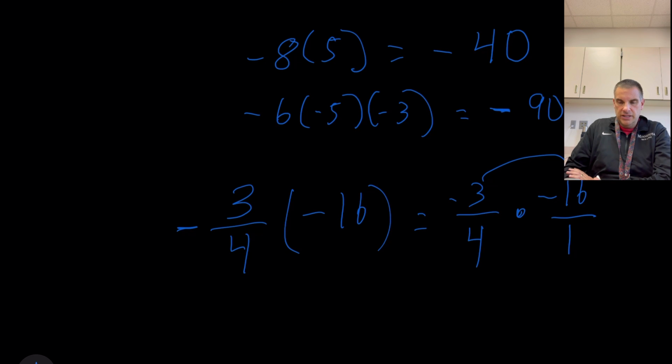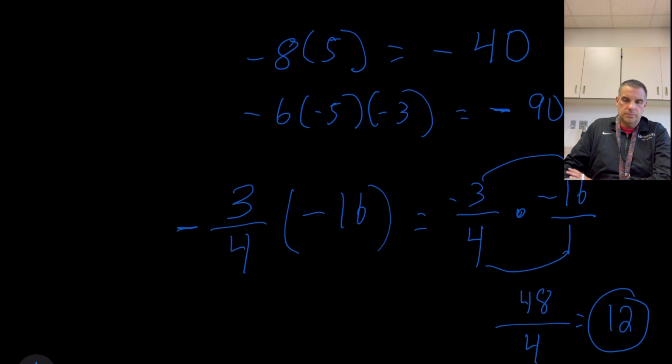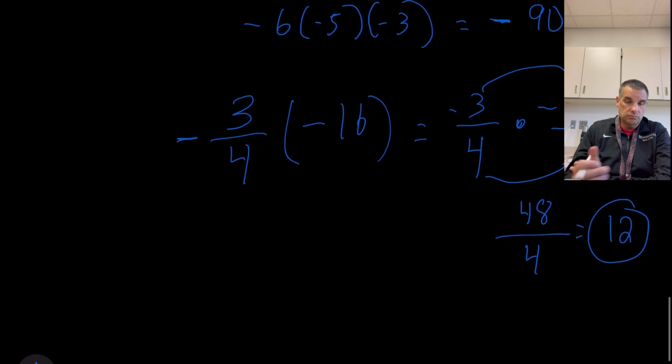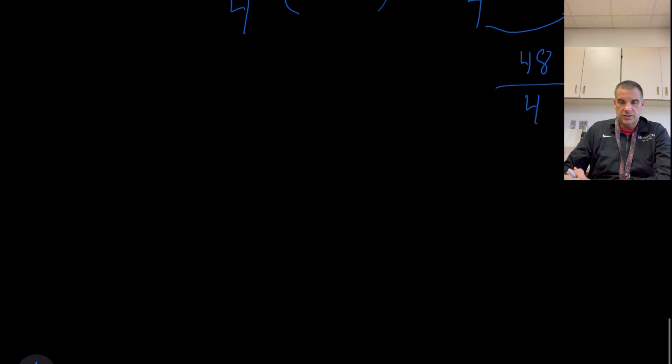So negative 3 times negative 16, negative times negative is going to be a positive. So that's 48. Bottom times the bottom is 4. 48 divided by 4 is 12. So your answer for that is going to be 12 when you multiply fractions.